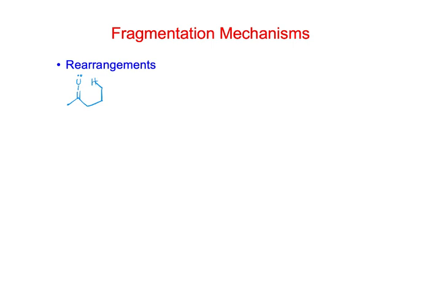So this is the alpha position, beta, gamma. Like before, when we ionize this, it's going to ionize on the non-bonding electrons, to form this radical cation. So this is an odd electron ion.